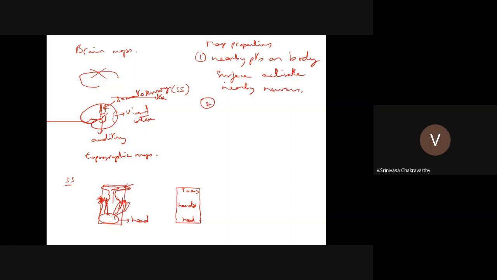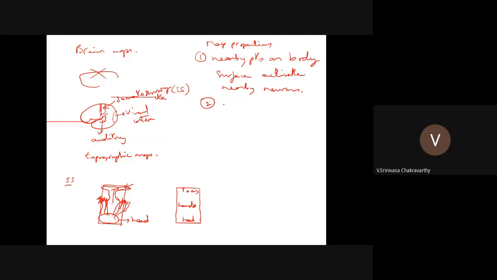That's why it's called a map. What is a map? A map is a representation of a place in the world in such a way that nearby regions in that place get mapped onto nearby points in the map. Similarly, here also the nearby points on the body surface activate nearby neurons in the map.